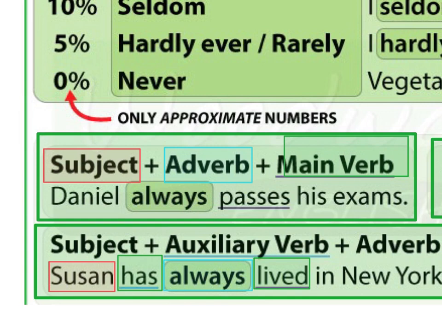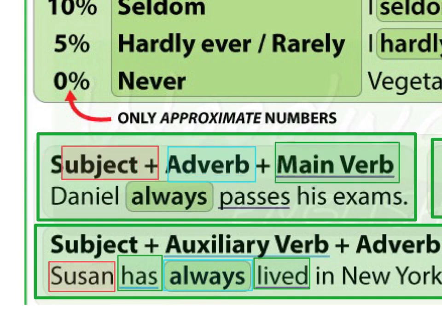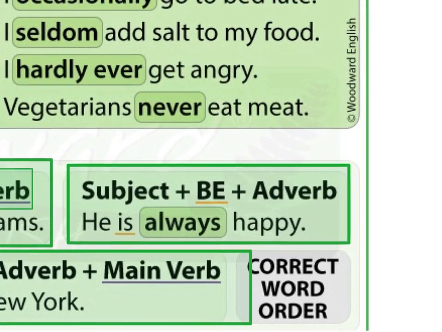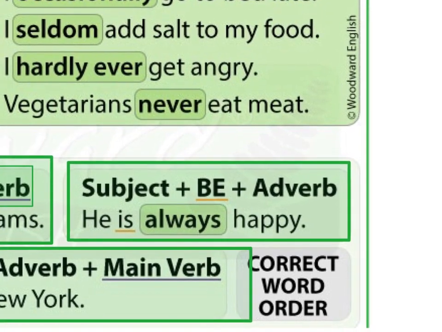Up here, there's only one verb, so the adverb of frequency goes right before it, after the subject and before the main verb. In the last type, this is the type where we have our subject and then we have our verb to be, which is is or are, and then at the end we have our adjective.